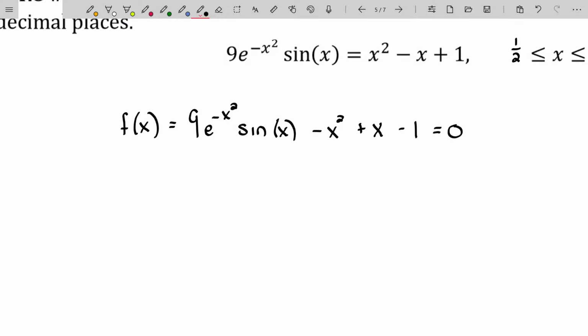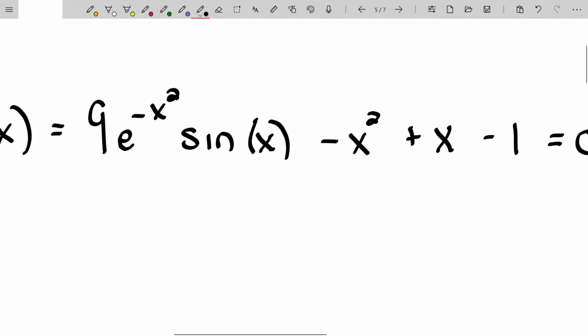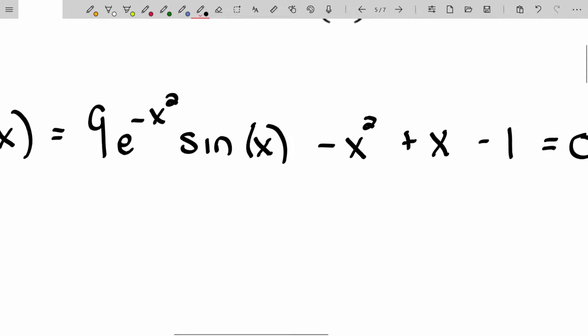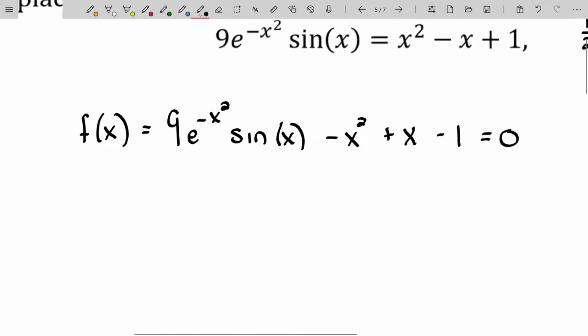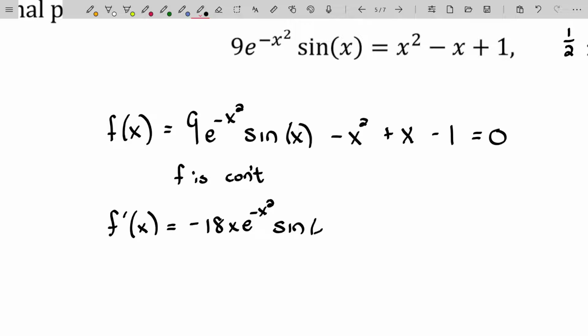Well, the very first thing you need to do if you're going to use Newton's method is make sure that this function is continuous. It's made of exponential, polynomial, and trigonometric functions, none of which have domain issues, so it's definitely continuous, and it's differentiable. So f is continuous, and then if you take its derivative, f prime of x, which is not a pretty derivative: negative 18 x e to the negative x squared sine of x. I'm using the product rule here.